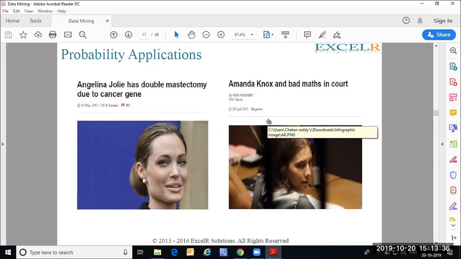Based on his analysis, he proved to the court with the stats that the number of deaths recorded under her supervision was lower than the average deaths recorded across hospitals in the healthcare sector. Then the court had to release her, because they did not have any strong evidence against her. That is the power of probability.